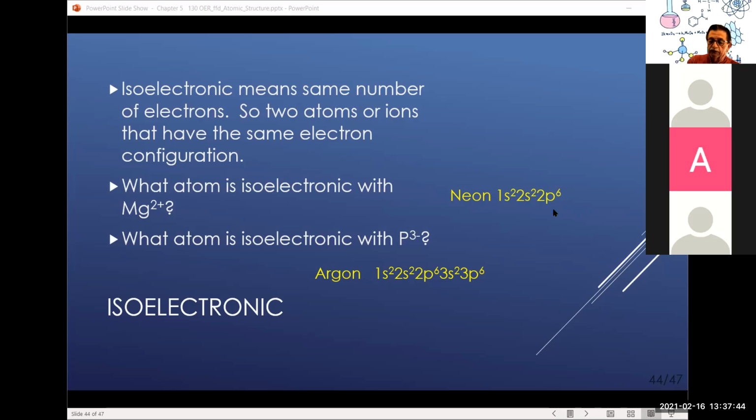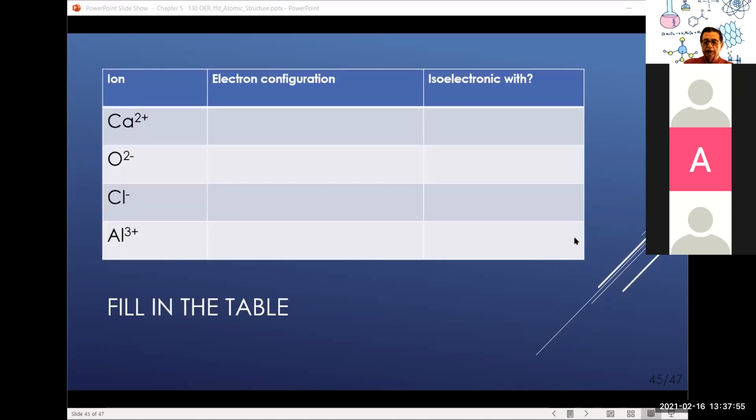So isoelectronic, I overemphasize, just means we have the same number of electrons. It does not mean it becomes the noble gas. It shares the number of electrons. If we look at this table here, we've got calcium ion. Here's the key, you've got to look at it. It's not the element, and we know it's the ion, the cation, because it has a +2 charge.